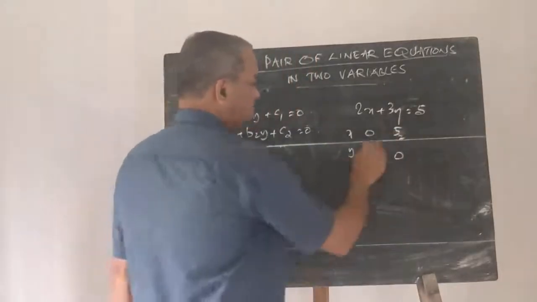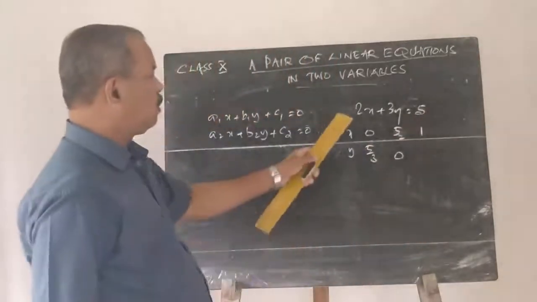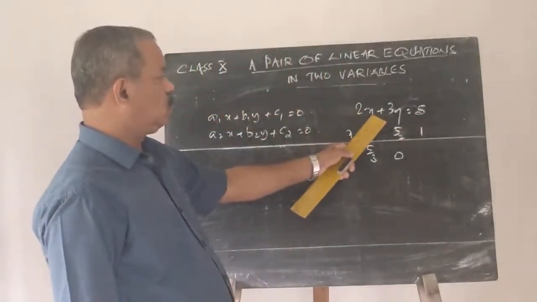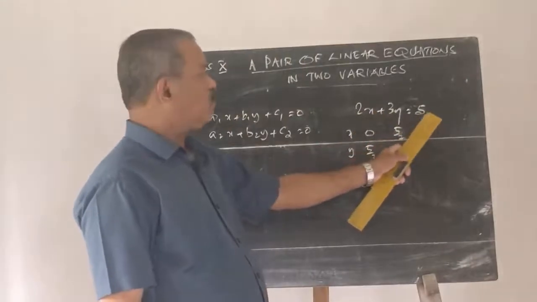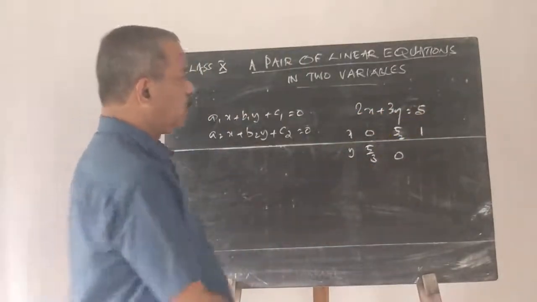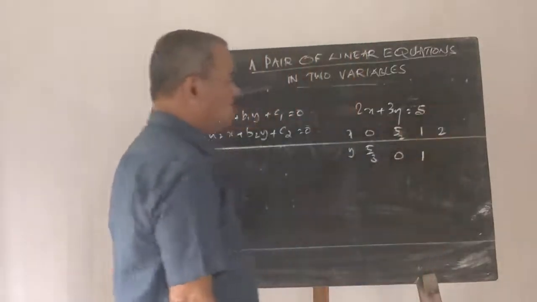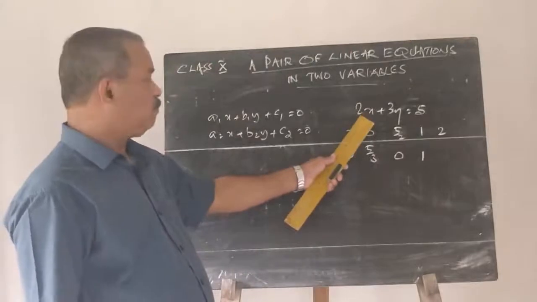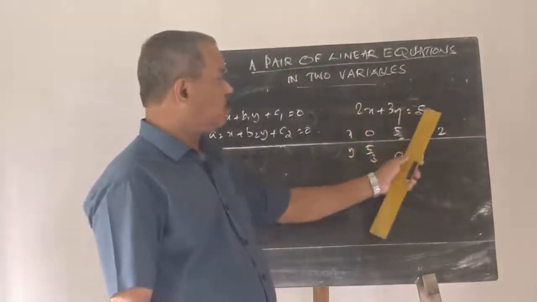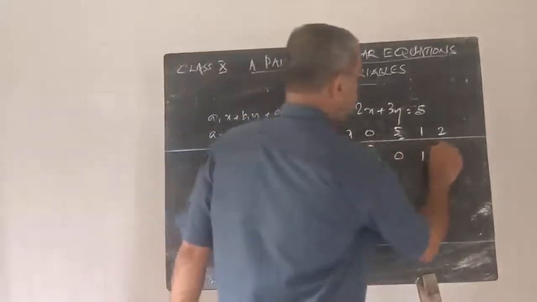Then if x equal to 1, what will be the value of y? 2 into 1 is 2, plus 3y equal to 5, 5 minus 2 equal to 3, 3y equal to 3, y equal to 1. If x equal to 2, then 2 into 2 is 4, 3y equal to 5 minus 4, y equal to 1 by 3.